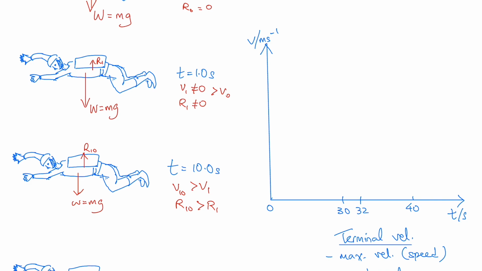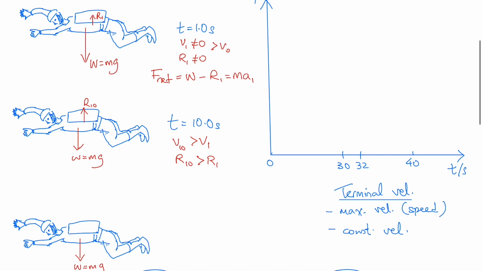Now we recall Newton's second law: net force is equal to W, the downward force, minus air resistance, the upward force. So for time t equals 1 second, the net force is as such, and I'm going to give the subscript 1 to denote the acceleration at time t equals 1 second. Then at time t equals 10 seconds, again it is W, the same W doesn't change, minus air resistance R10.